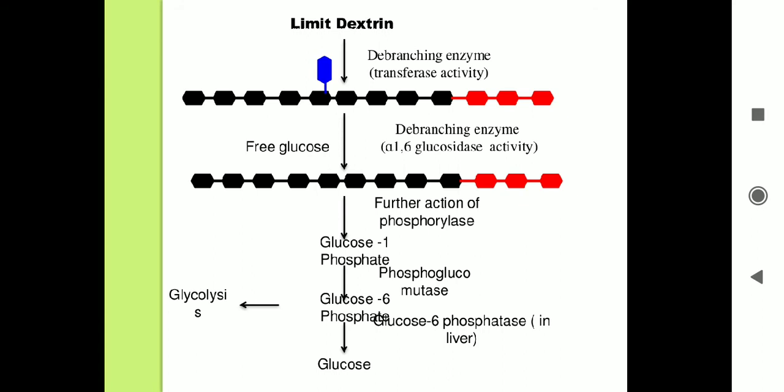When phosphoglucomutase acts on that glucose 1-phosphate, it is converted into glucose 6-phosphate. Okay, then when there is glucose 6-phosphate, another enzyme acts on that, glucose 6-phosphatase, and that converts it into glucose, which is our product of this glycogenolysis pathway. I hope you guys understand.